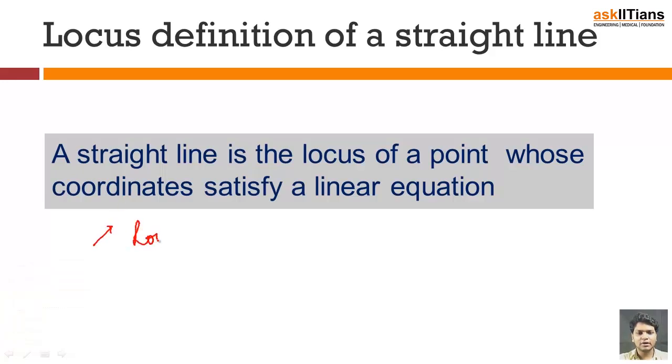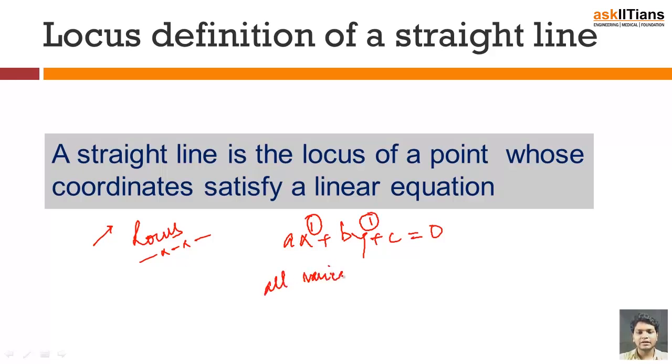Suppose we are trying to find out a locus, and if that locus comes out of the form ax + by + c = 0, let us see the powers. The maximum power of x is 1, maximum power of y is 1. So all the variables have the power as 1. So that is why this is a linear equation.